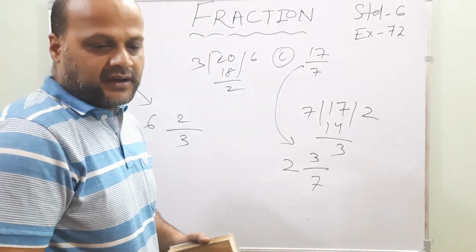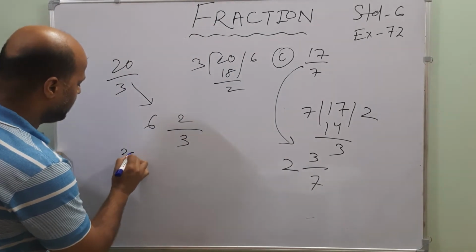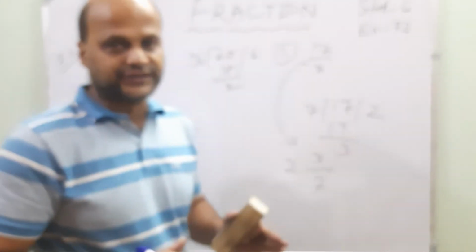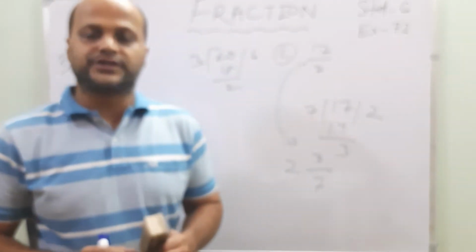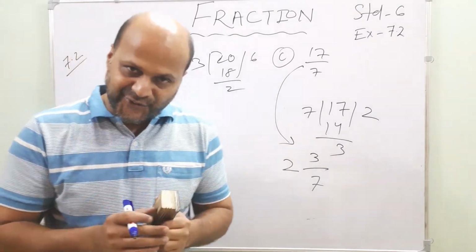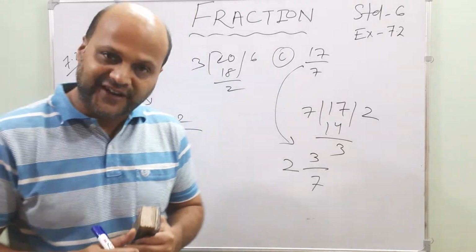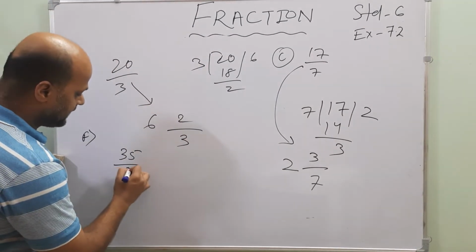What is that? F. 35 by 9. My dear friends, I am not doing all the questions, because some of the questions I am leaving for you, you just try at home, so that you can understand how it will be solved. 35 by 9.